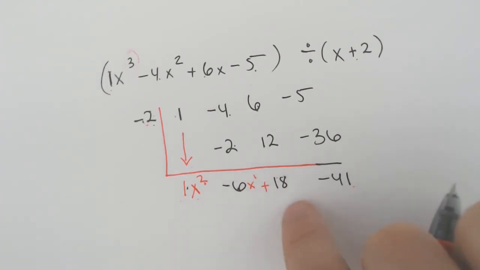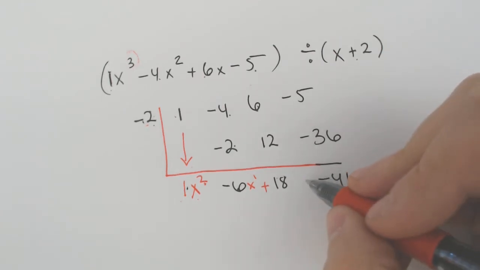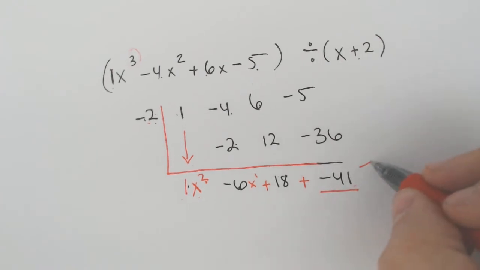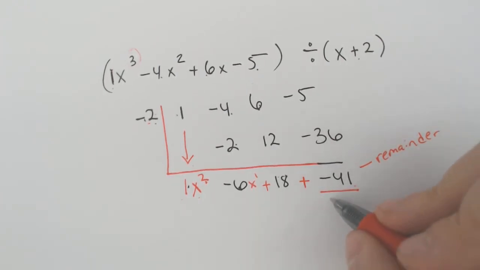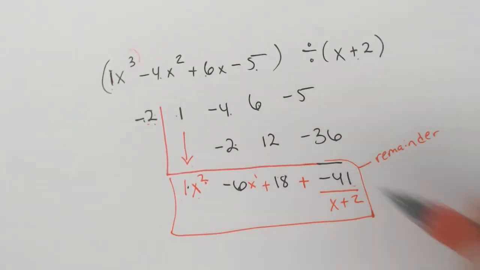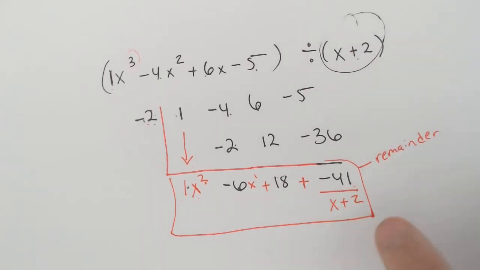And then this last number is your remainder. Sometimes people write a plus, negative 41, the last number, which is your remainder, always divided by the original, which in this case is x plus 2. So we take the original without changing the sign and divide by that, the x plus 2. Okay? So that's synthetic division.